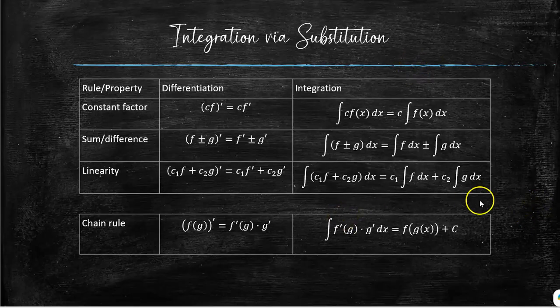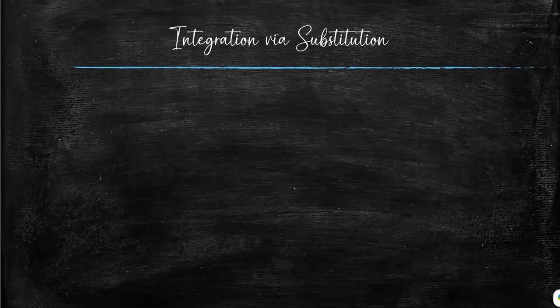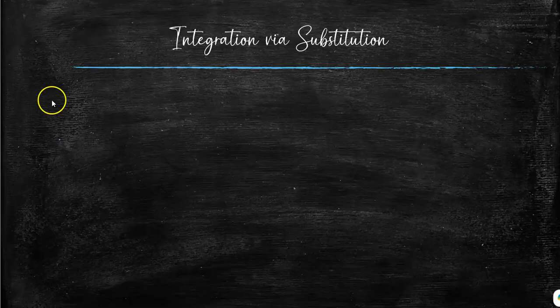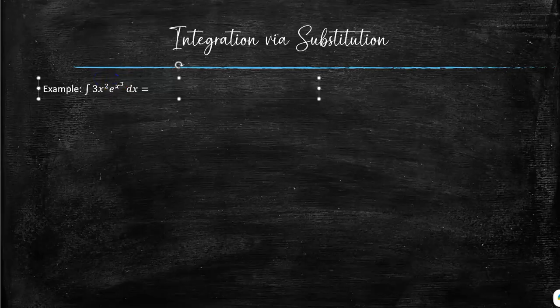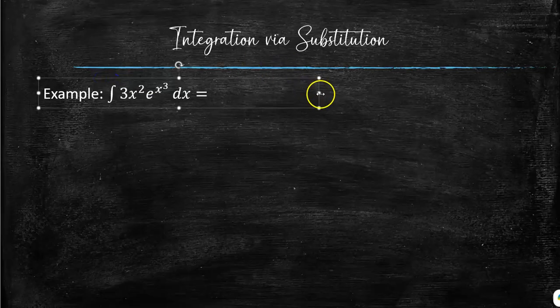So let's see how it works by considering the following example. I'll write the question here, and let's see if we can catch that pattern. What's the integral of this function equal to?